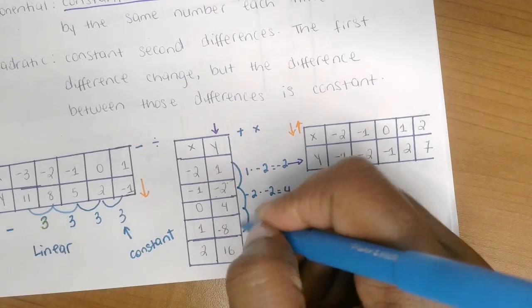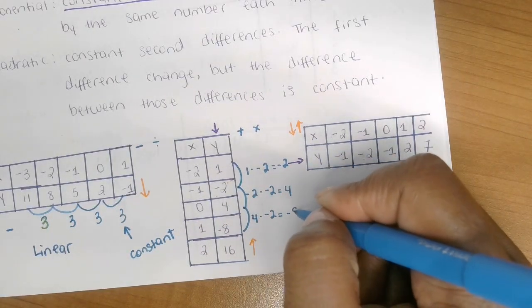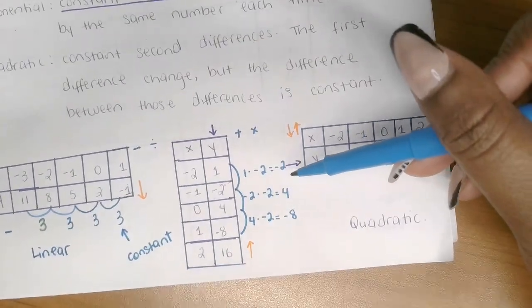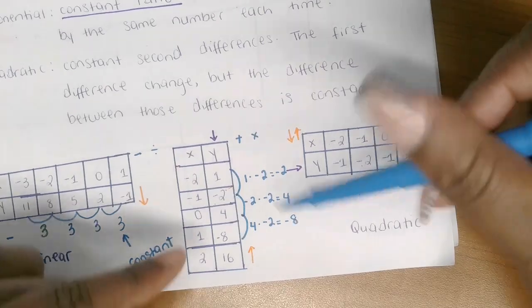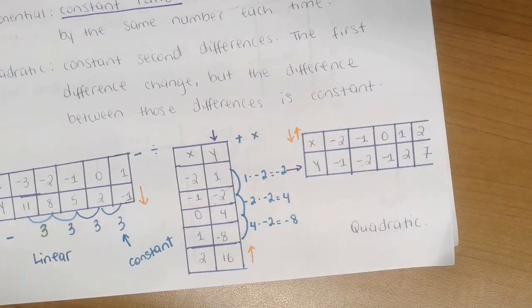Again, our answer, we realize, is a 4 as well. 4 times -2 gives us -8. So we realize on the side that we have -2, 4, -8, and those are what's inside of our y column.